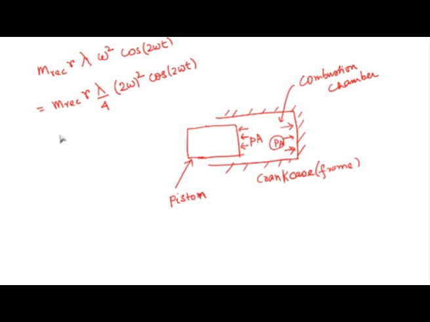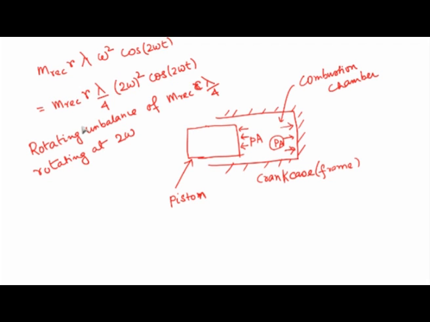So this effectively means a rotating unbalance of m_rec r times lambda by 4 rotating at 2 omega.